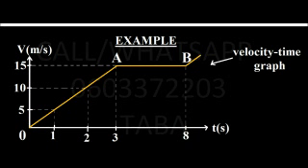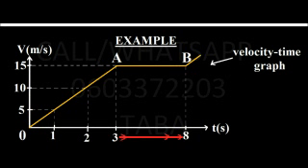To find the answer for question number 1, we must look at the graph and identify the points at which constant velocity is represented. Between point A and B is where the train was moving at a constant velocity. Since the question says how long, we must check the time interval from point A to point B. It is from 3 seconds to 8 seconds.